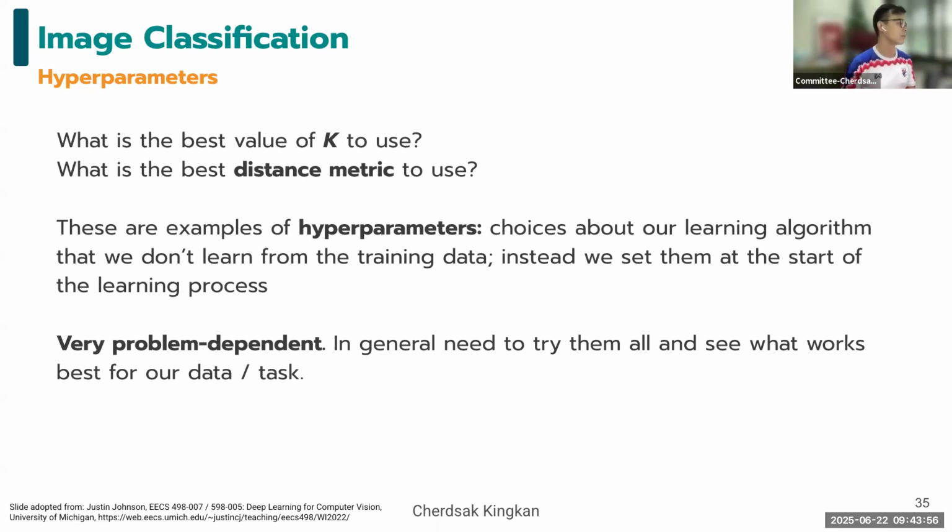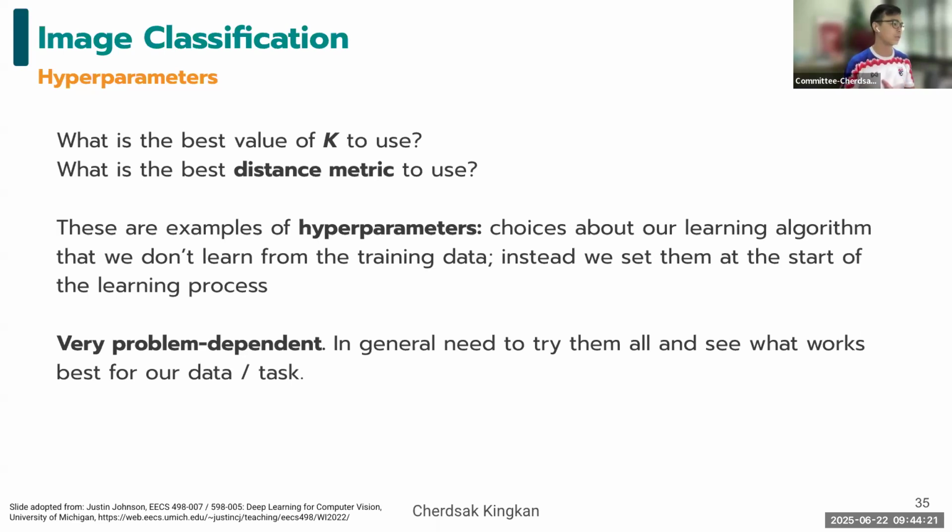So the question is, what is the best value of k to use, and what is the best distance metric to use, either L1 or L2? What is the criteria to choose? These two, the k and the distance metric, are what we call hyperparameters.